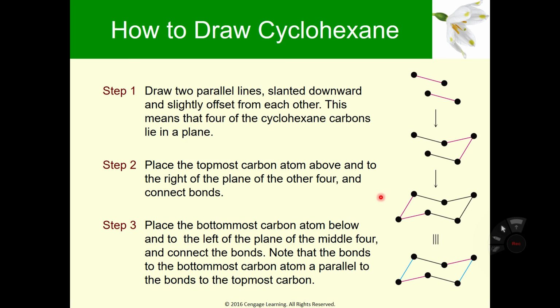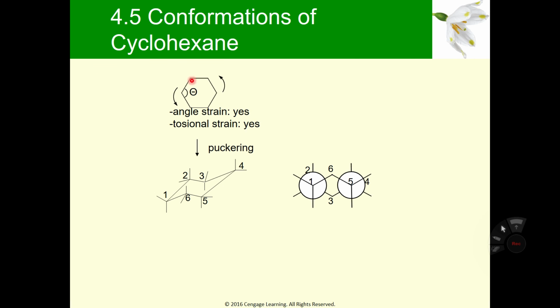How do I draw cyclohexane? In cyclohexane, you have to remember that this should be parallel here, right? This should be parallel. This should be parallel. We can pick these two bonds, which should be parallel to each other.